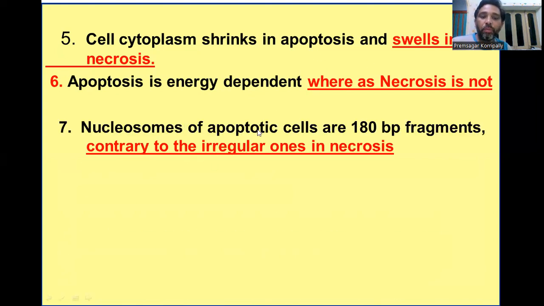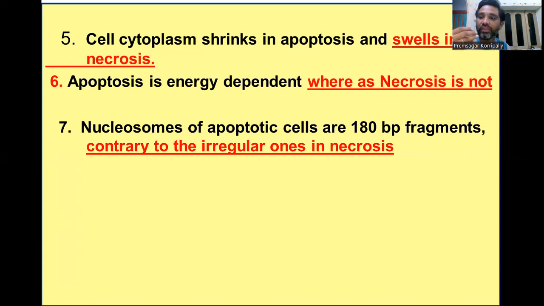Nucleosomes of apoptotic cells are 180 base pair fragments. When a cell is undergoing apoptosis, the activated DNase cuts very specifically, for every 180 base pairs there is a cut.